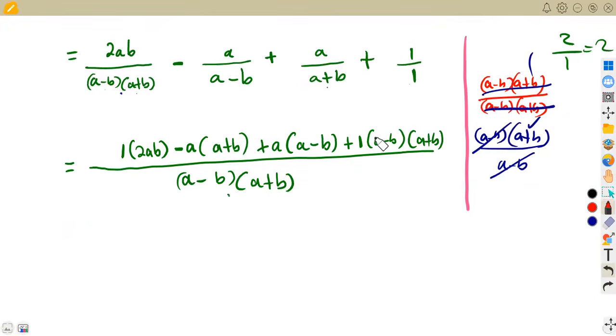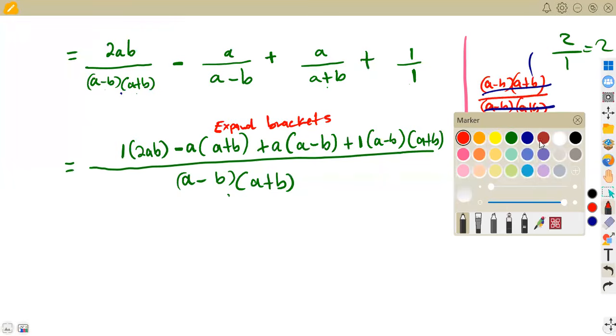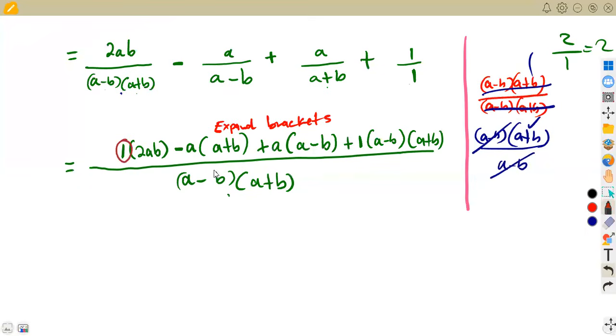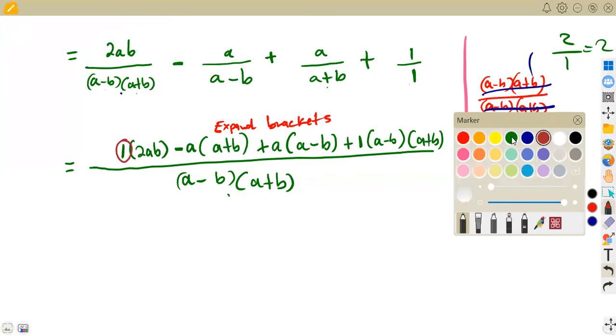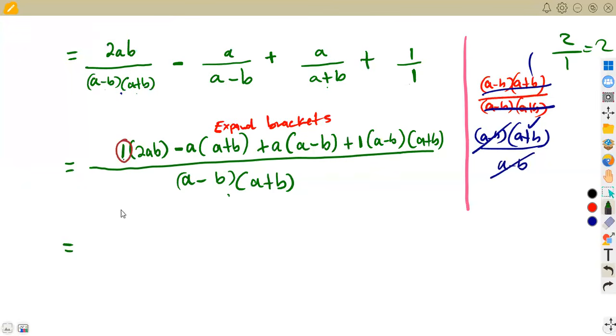But to simplify, we need to expand the brackets, and the brackets that you expand are the ones from the numerator, knowing that what expands the bracket is the number that is affecting the bracket. Like here, we've got a 1, so this 1 is going to multiply 1 times 2ab, which is 2ab.